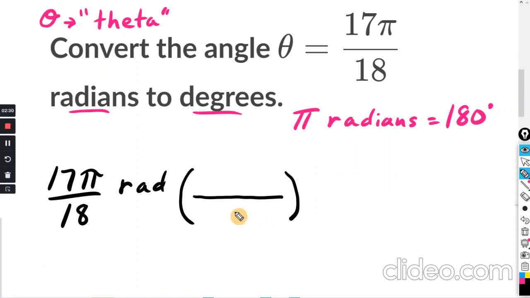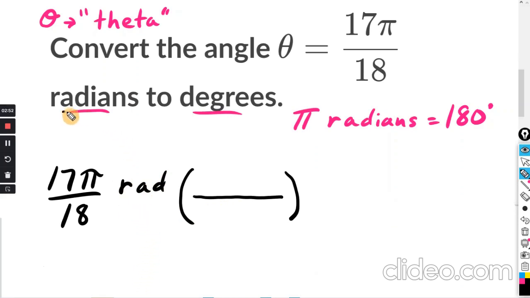And the number on the bottom in the denominator depends on the units in the numerator, because if you have radians in the numerator right here and you want radians to cancel, then you want to write radians in the denominator here. So you have the radians on the top and the bottom, and it cancels out.